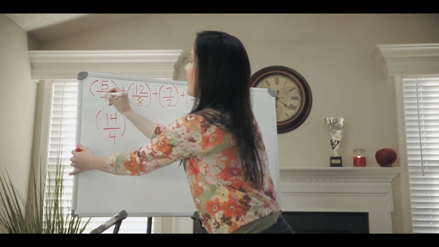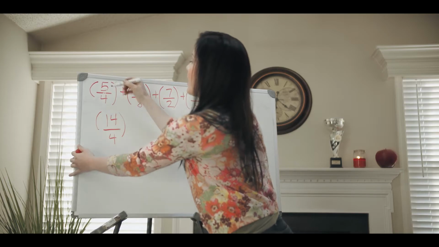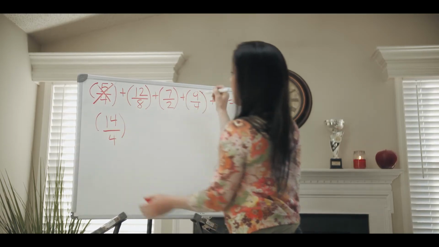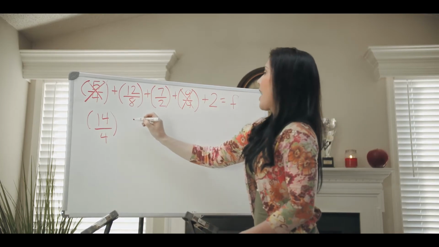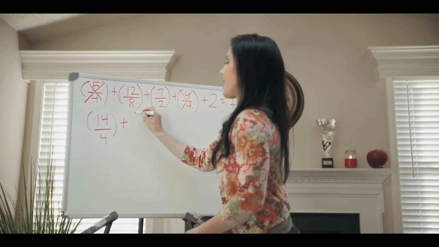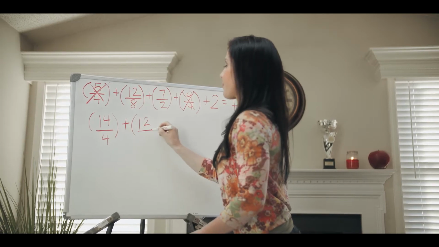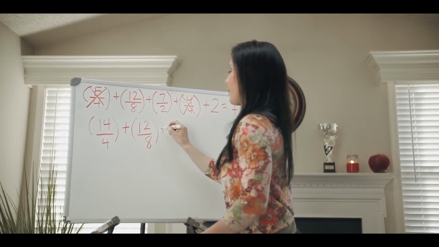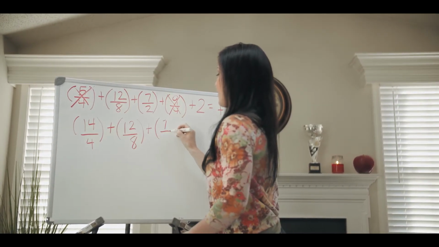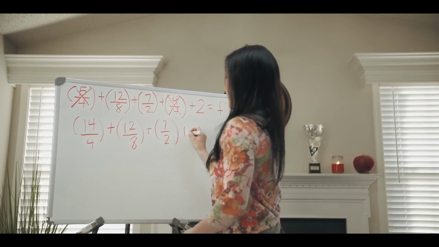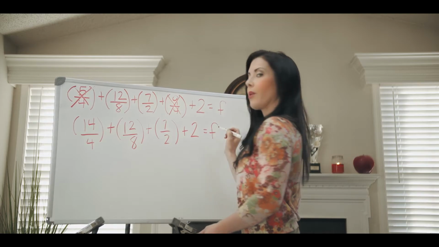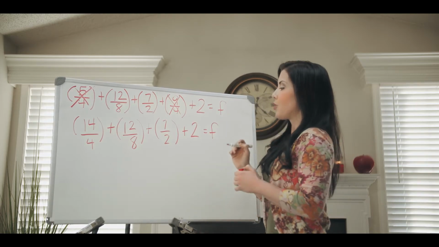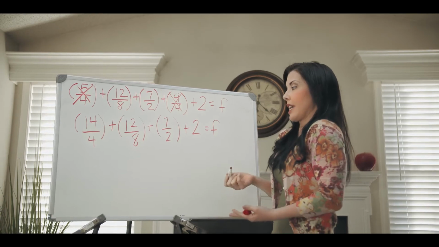And again, like I've told you, I like to go ahead and cross them out when I'm done with them. Okay. And then I can go ahead and write the rest of the equation. Equals F.